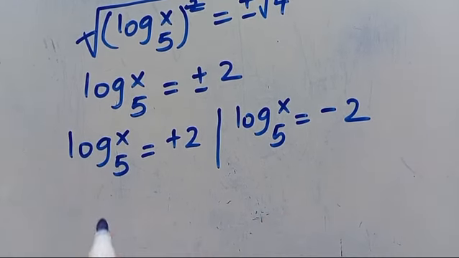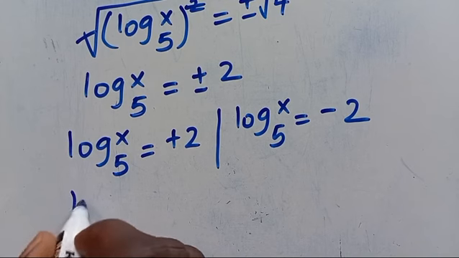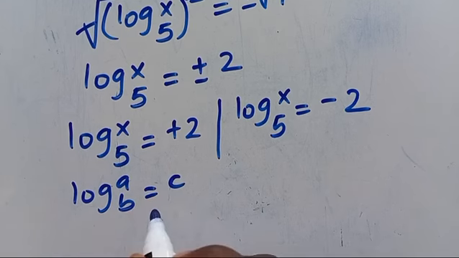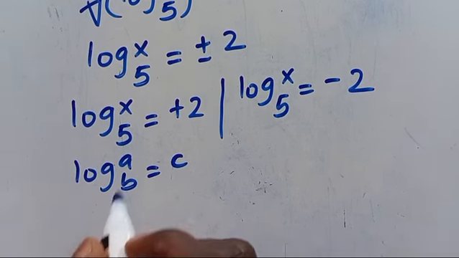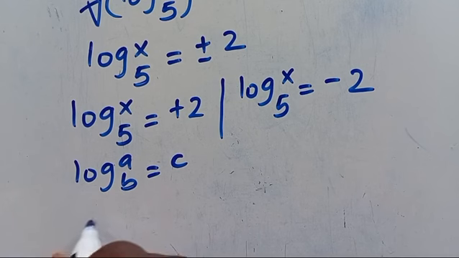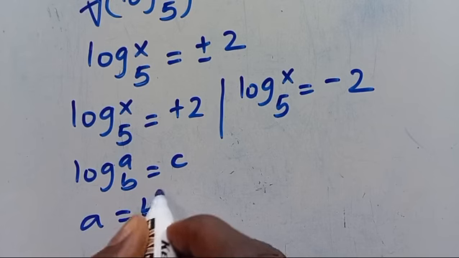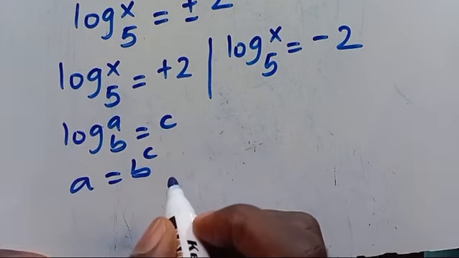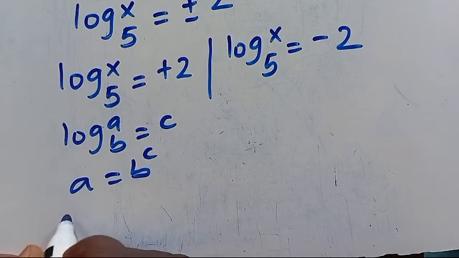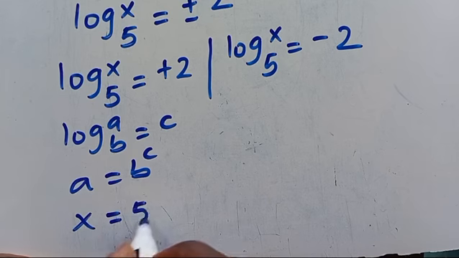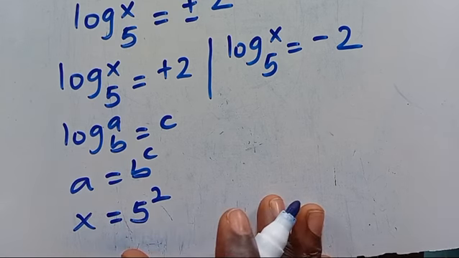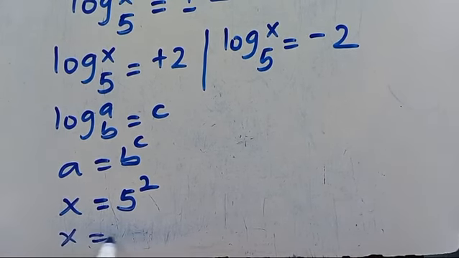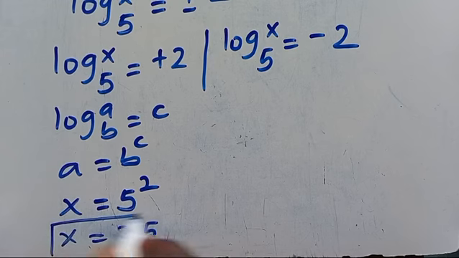Then let us recall that anytime we have log a in base b equals c, the log relation to exponents is a equals b to the power of c. Applying it here, x equals 5 to the power of 2, and so x equals 25.